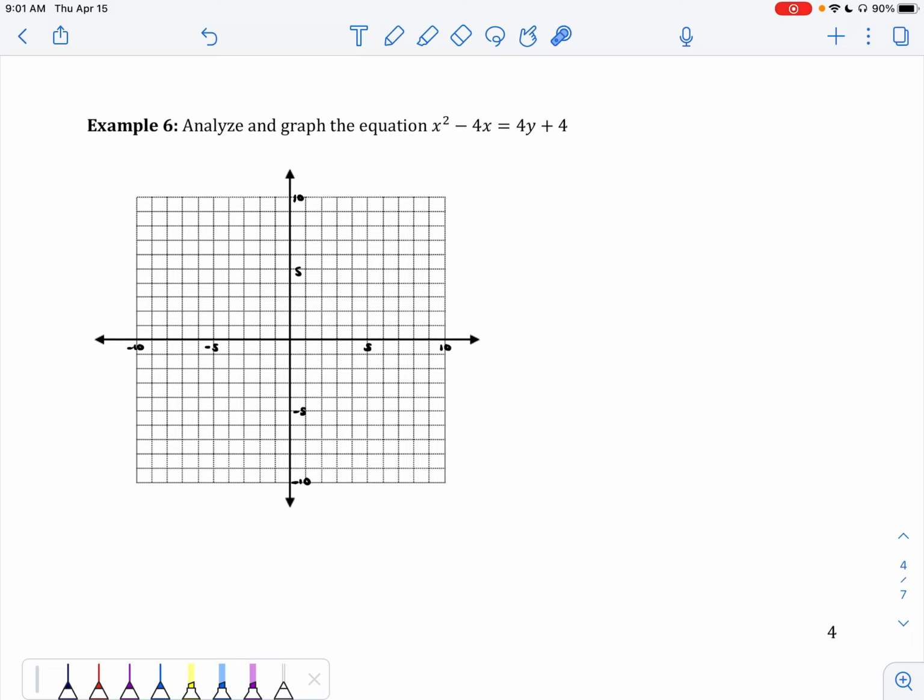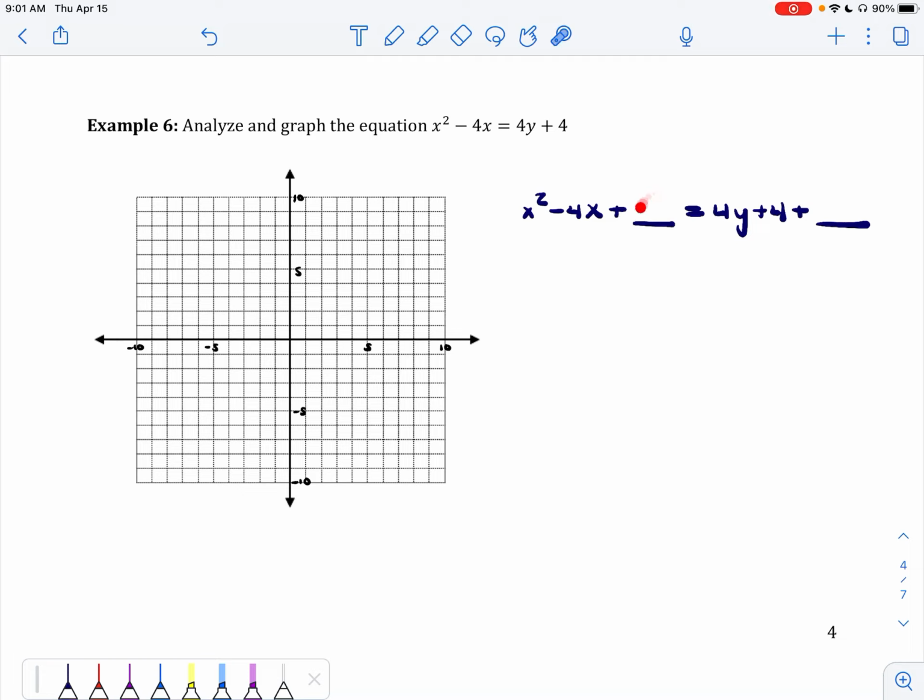This goes back to what we did with our circles. So I'm going to leave my x terms on the left-hand side, but I want to think about what I need to add to the x² - 4x in order to make this a perfect square. And then we'll have the 4y + 4 on the right. And of course, we always have to keep our equation balanced.